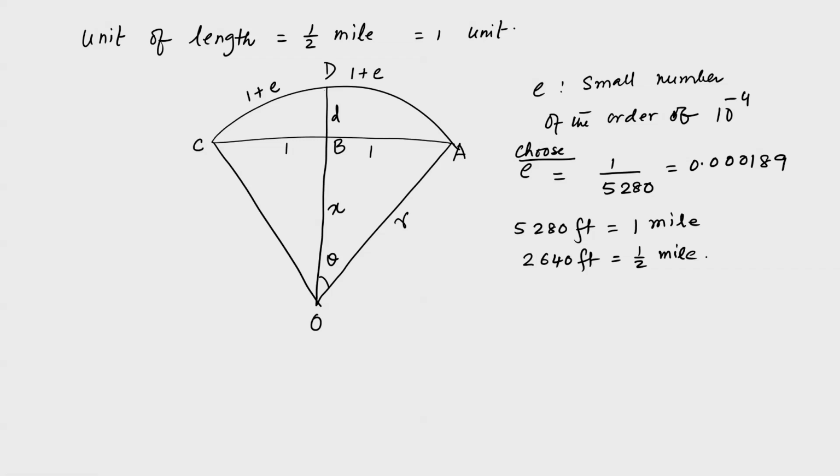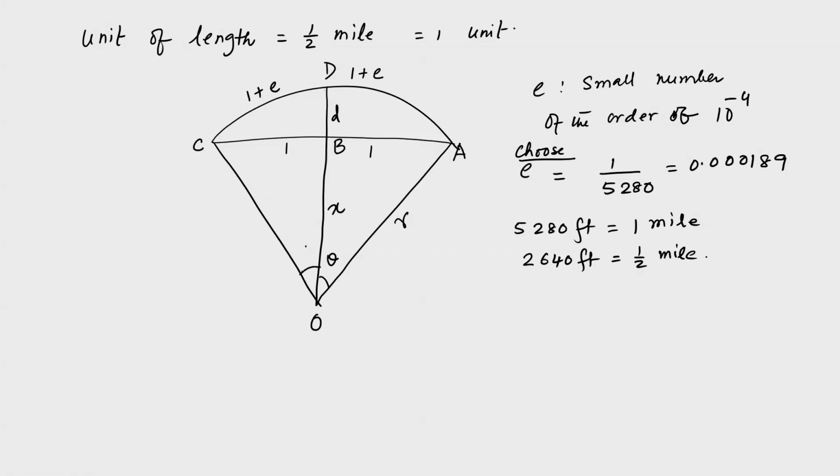So, of course, since theta is small, because it is only 1 mile plus 1 foot, theta must be small.